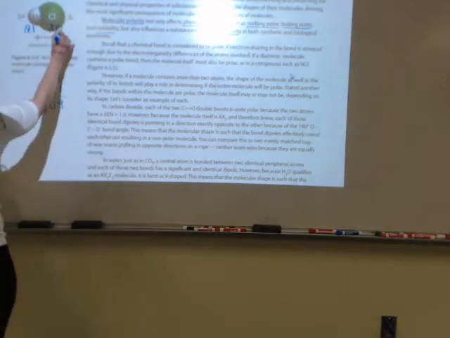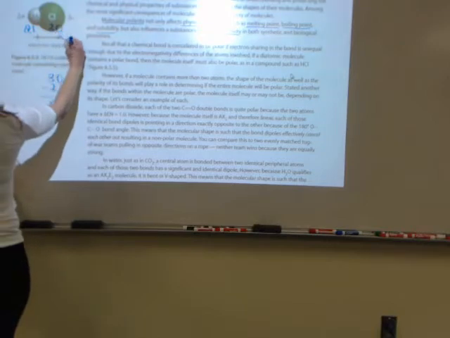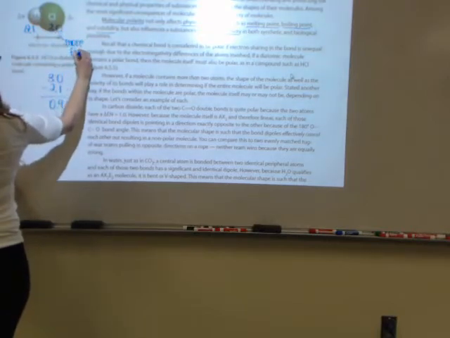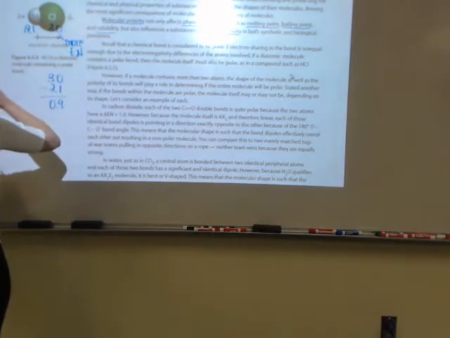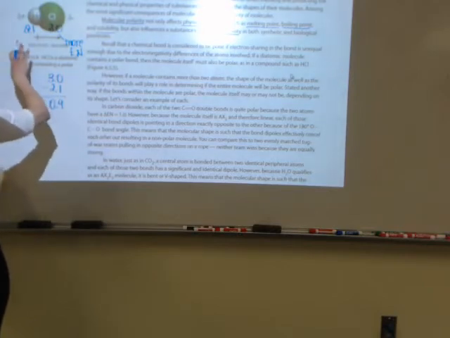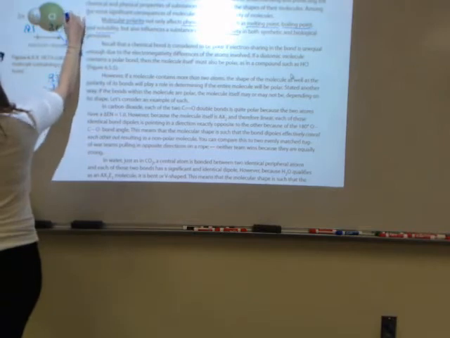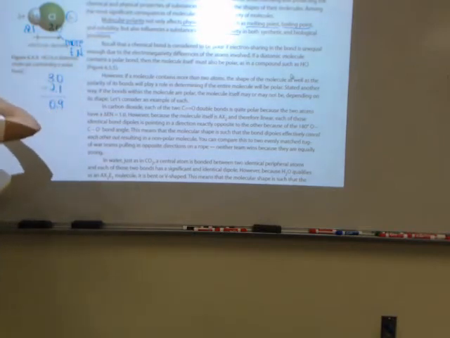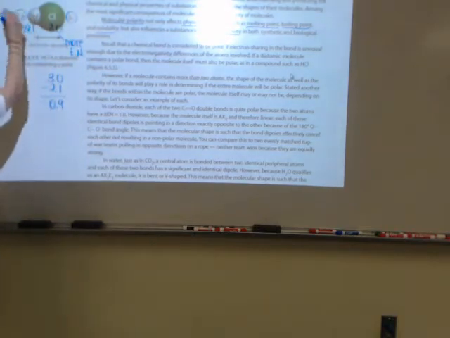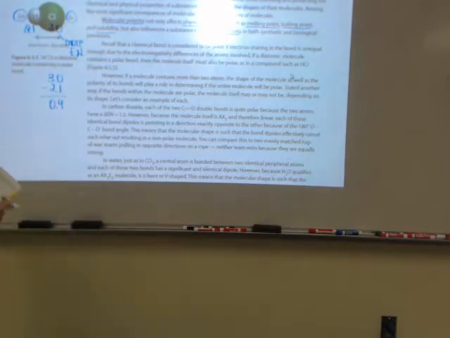And here, the chlorine is more electronegative, I'm going to abbreviate that with En, than hydrogen. That means the electrons are drawn to chlorine in the bond, and you will get a partial negative charge on the chlorine atom and a partial positive charge on the hydrogen atom, representing that there is a charge separation within the bond.